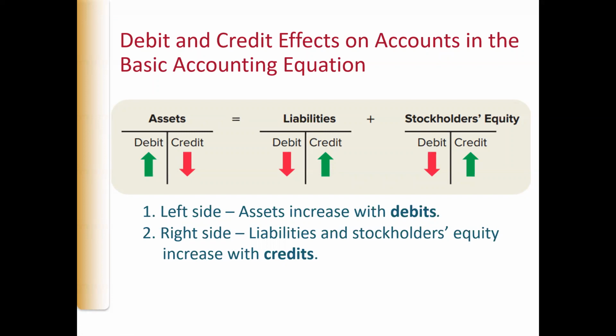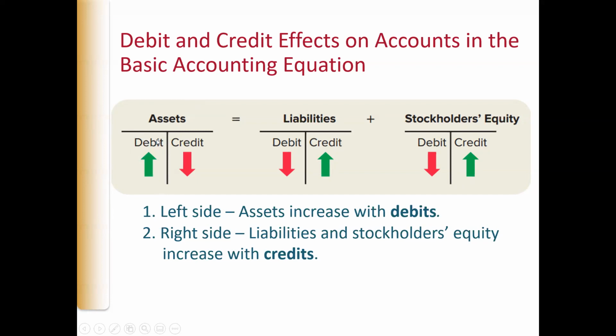Now, assets are on the whole left side of this equal sign, right? Liabilities and stockholders' equity are on the right side of this equal sign. Remember, though, debits mean left, credits mean right. But assets, that category assets such as cash, accounts receivable, supplies, prepaid insurance, to increase an asset, we debit it.